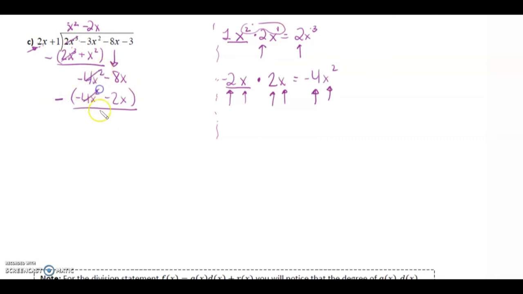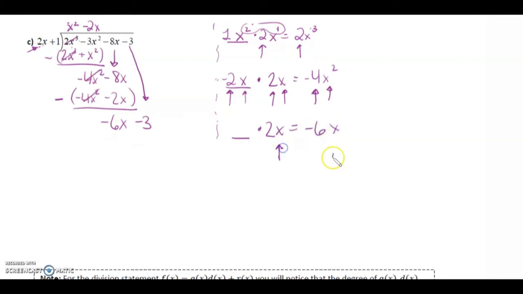Okay. The first two terms cancel out. And then we have negative 8 minus negative 2, so we have negative 6x. And then bring down the negative 3. All right, now what number times 2x is going to give us negative 6x?